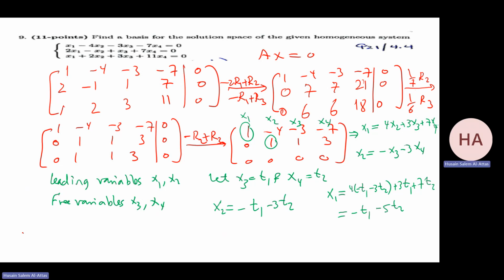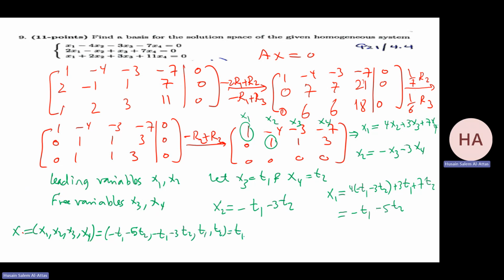Correct? Yes. So my vector x, which is x1, x2, x3, x4, will be: x1 is minus t1 minus 5t2, this one minus t1 minus 3t2, and this one is t1, this is t2.